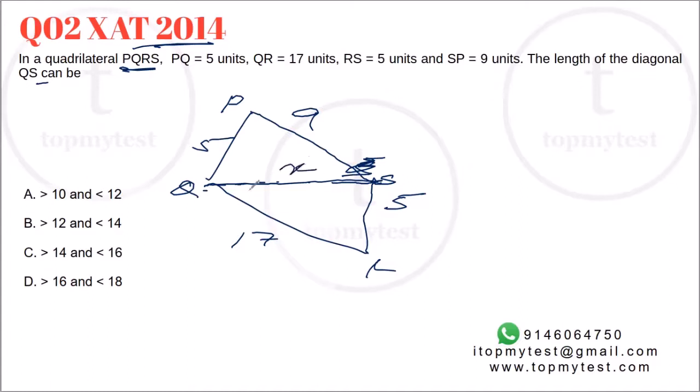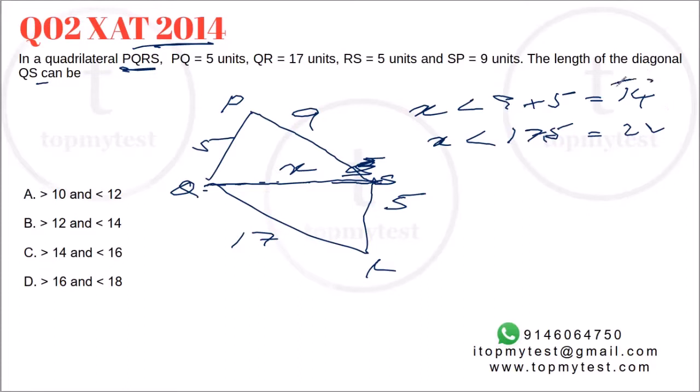So if this is X, we know that X has to be less than 9 plus 5. And X has to be less than, if I take this triangle, 17 plus 5. So 9 plus 5 is 14, 17 plus 5 is 22. So the highest possible value is 14.